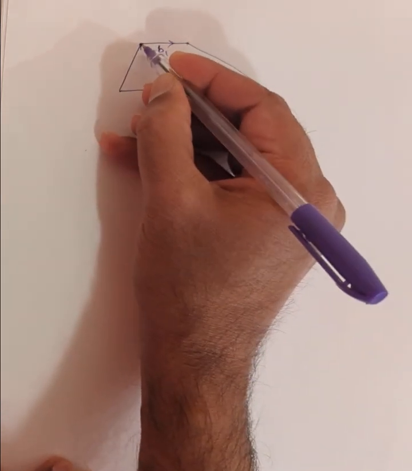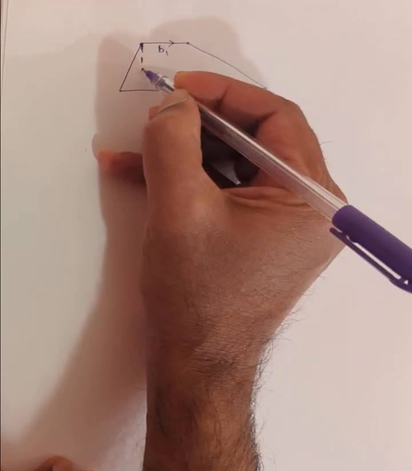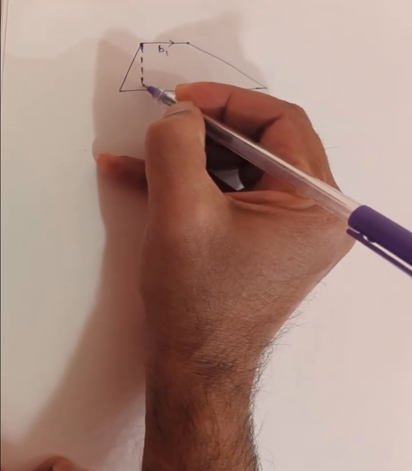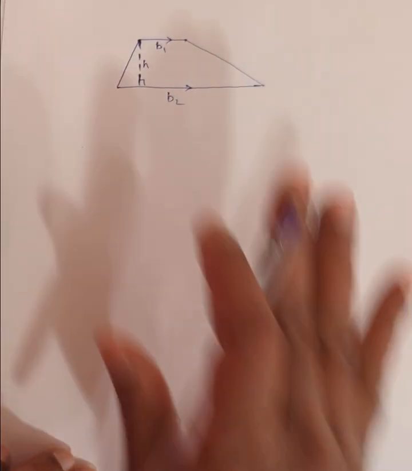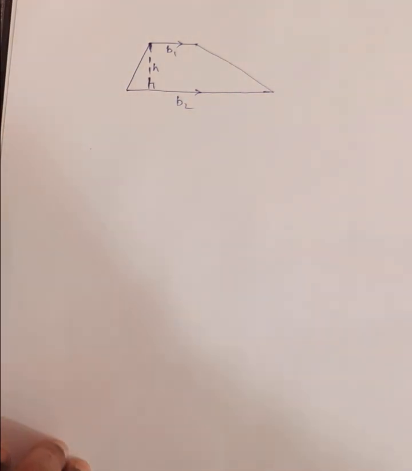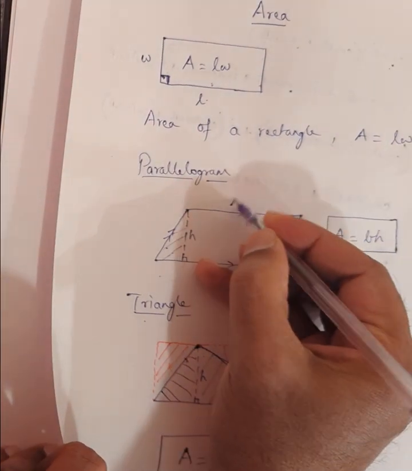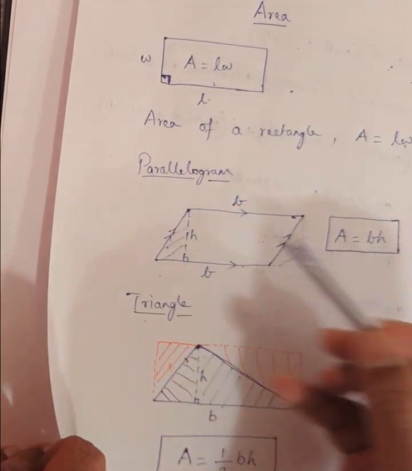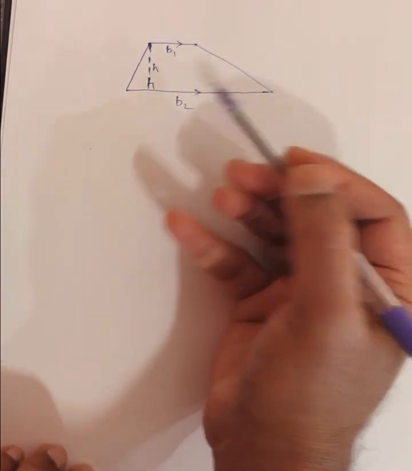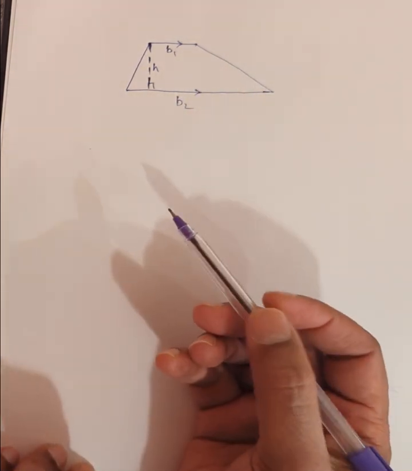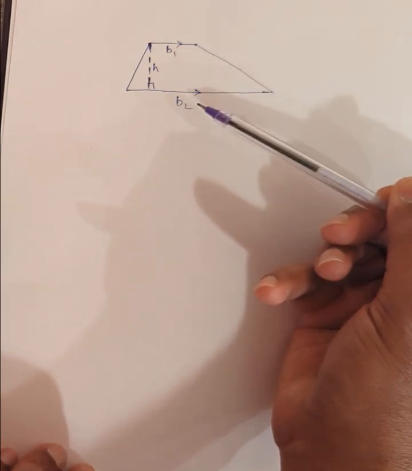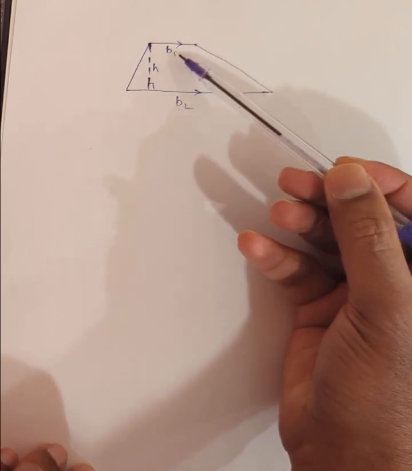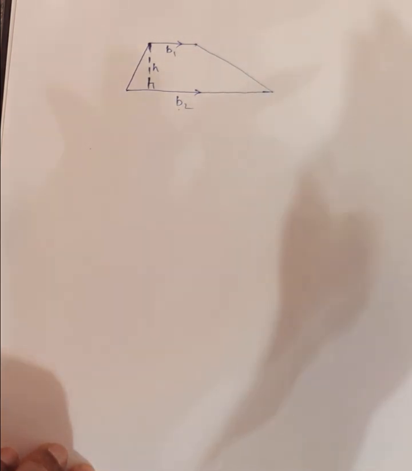And whenever you have parallel sides, you can talk about the distance between them, and that's H. When you had equal bases, you just multiplied base times height. But here, if you're going to say base times height, which base are you going to consider? If you consider this base, you're going to get a bigger number. If you consider this base, you're going to get a smaller number.